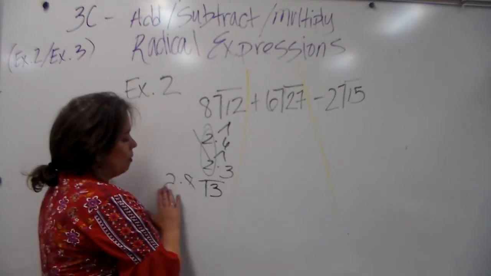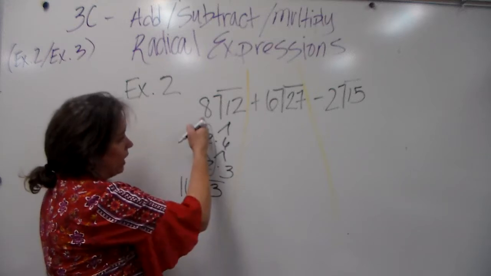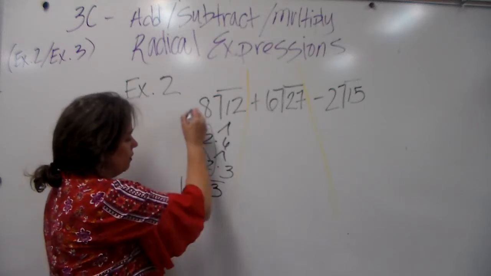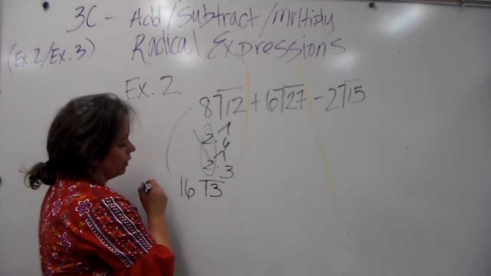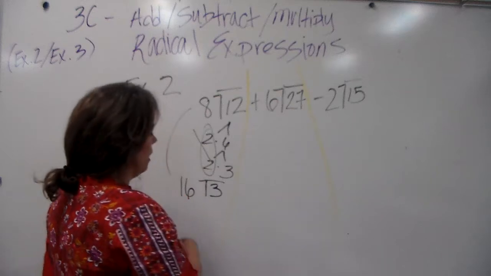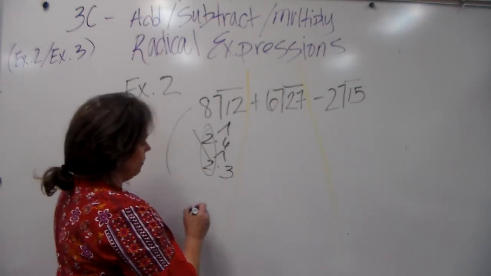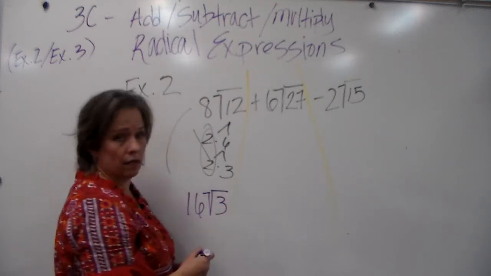We'll multiply that 2 and the 8, so our 8 root 12 simplifies to 16 root 3, okay? I'm going to write that in a different color so it's more obvious what our simplified term is.